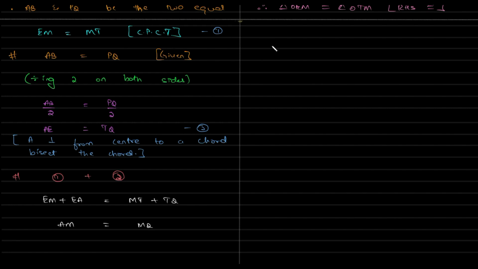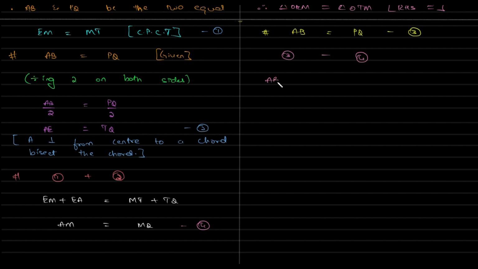Now on to the next part. So AB is equal to PQ. This is given. Now we'll call this 3, and we will subtract 3 with 4 actually.